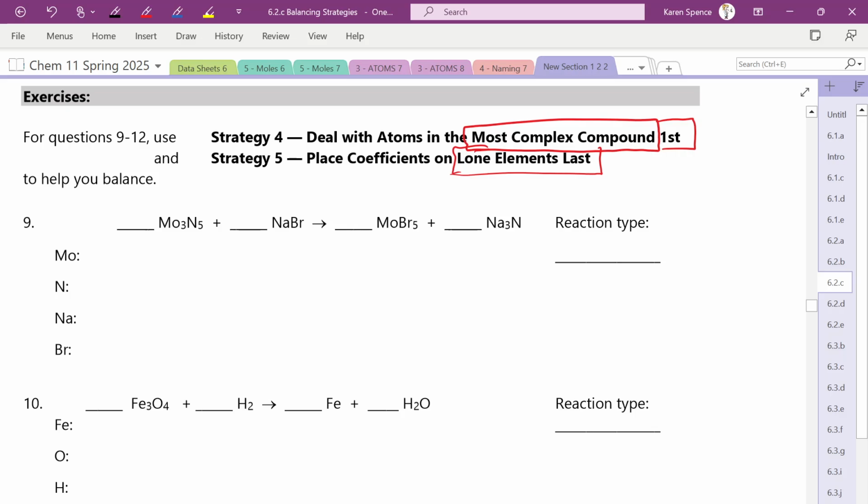Iron, the very last. Leave iron and hydrogen as long as possible. I would leave iron for the very end because hydrogen is clear, so we need oxygen first. Hydrogen. And then. Yeah, okay. You're right.